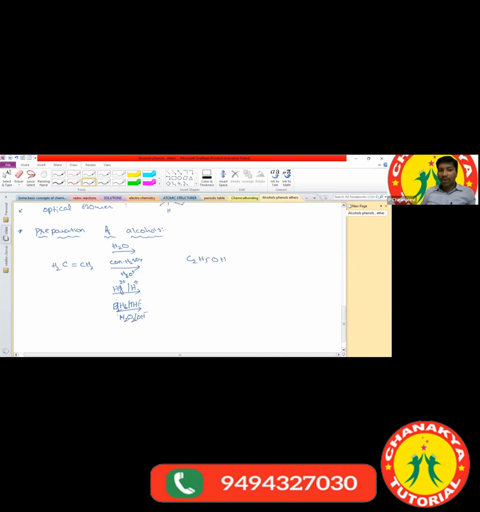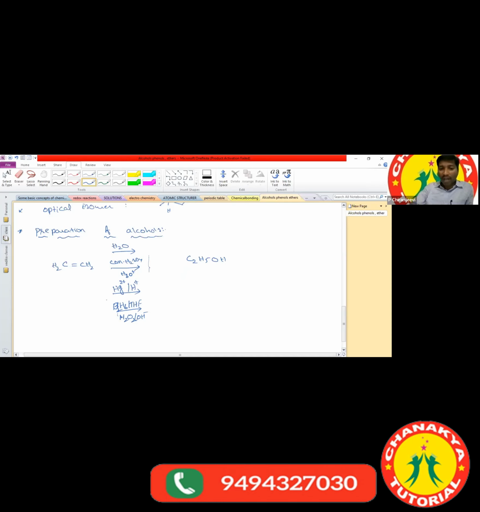By using this reagent also we can convert alkenes into alcohol. Got the clarity? Okay. All these reactions we already studied. In this, the first 3 methods follow the Markovnikov rule. And in the presence of peroxide, the hydroboration oxidation reaction follows the anti-Markovnikov rule. So by using these methods we prepare alcohols.